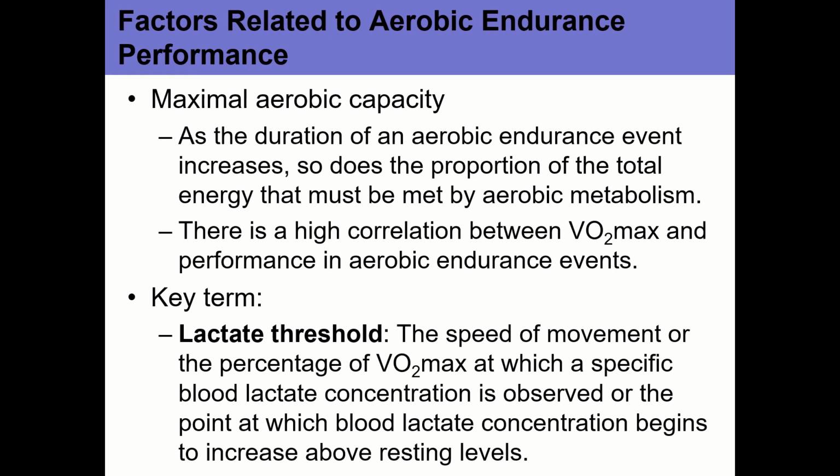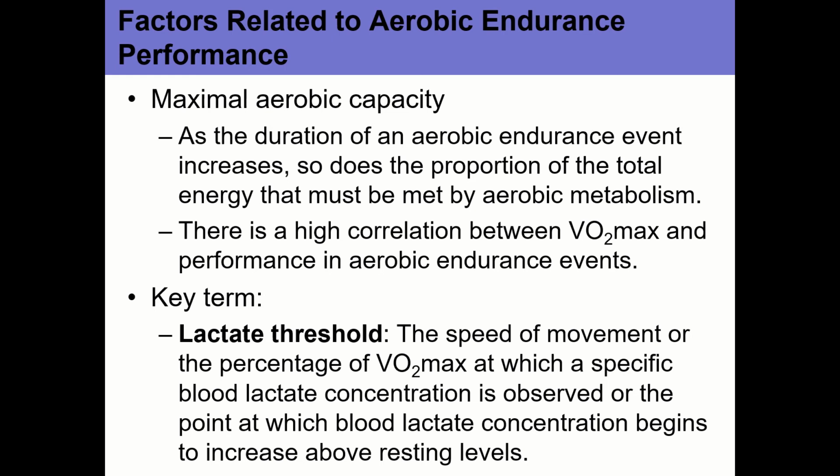If we think about lactate threshold as the point or the proportion of VO2 max at which somebody starts to significantly accumulate lactate, eventually you're going to accumulate enough lactate that you're going to have to stop. Because the muscle gets too acidic, and that interferes with the contractile mechanisms, interferes with glycolysis, etc., and so eventually you have to stop.